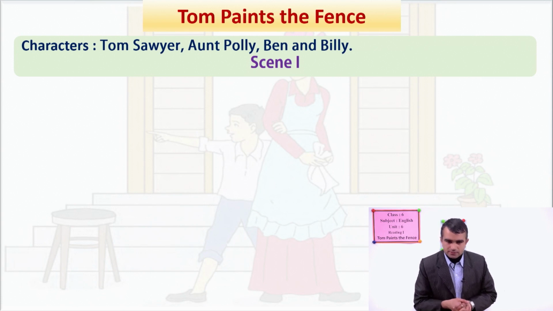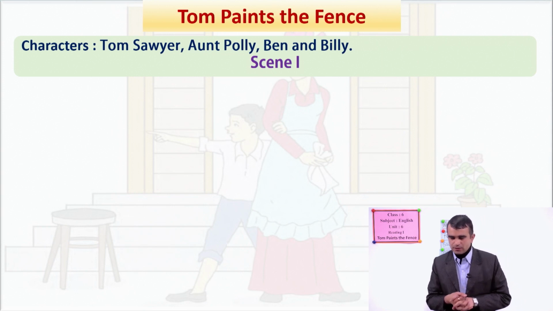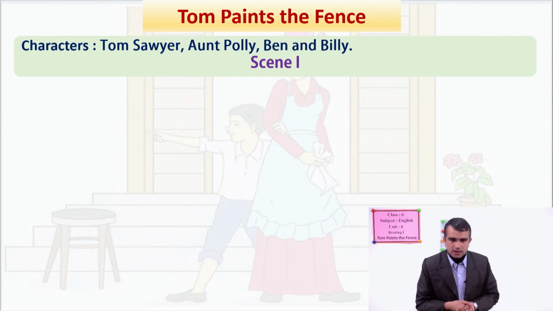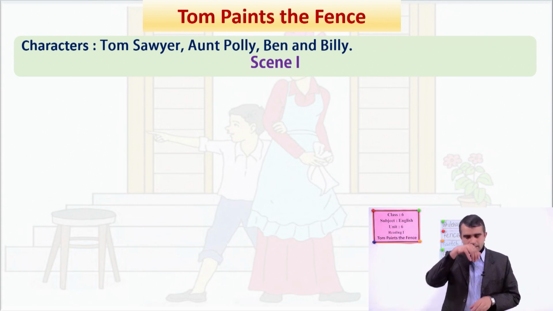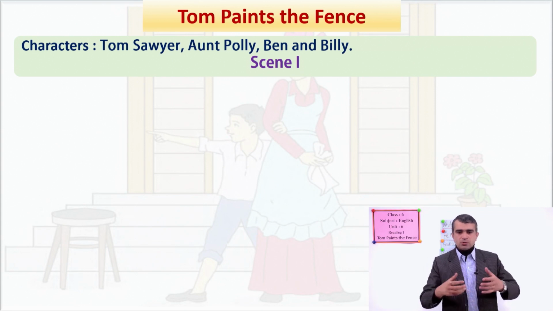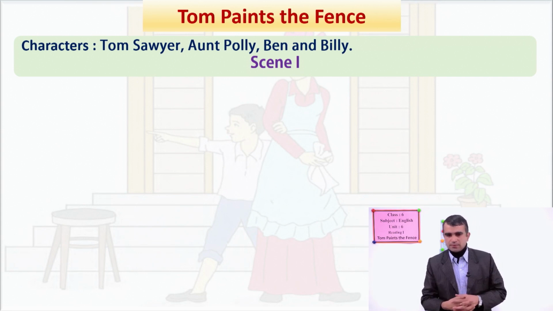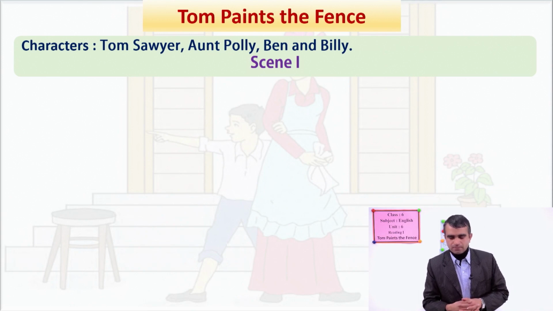Tom Sawyer, Aunt Polly, Ben and Billy. How many altogether? Good. There are 4 characters. Now in the beginning, I'll just read out the conversation in the beginning, so that you can know how to read it, and then you will read later. Is it okay? Okay, good.